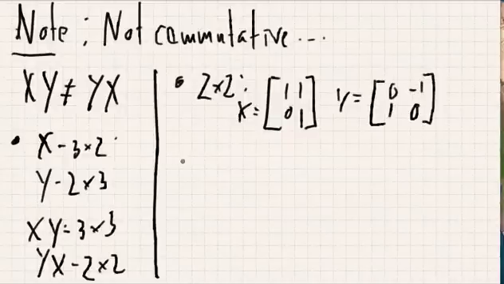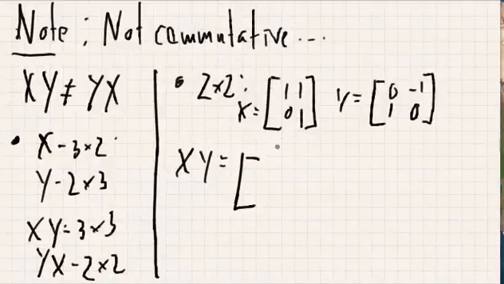What we get is this. If I take X times Y, what do I get? My first entry is I go across X and down Y, so 1 times 0 is 0, 1 times 1 is plus 1.